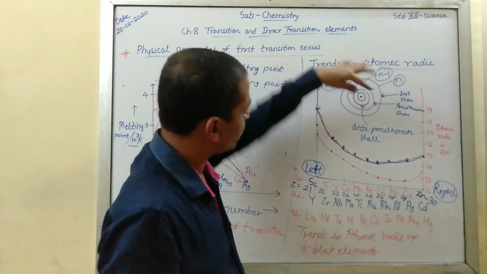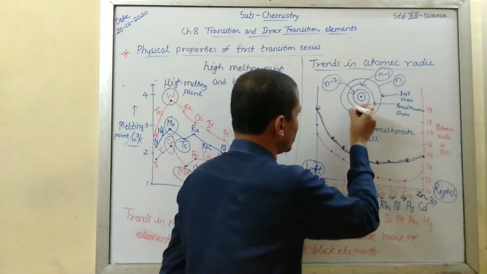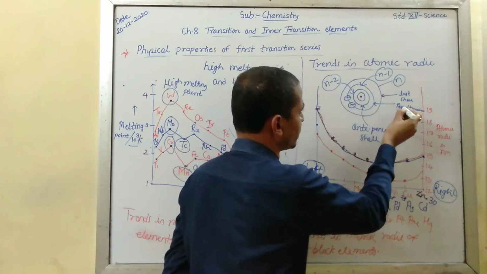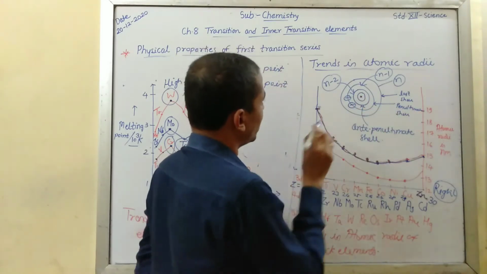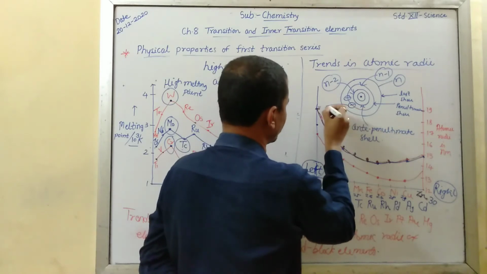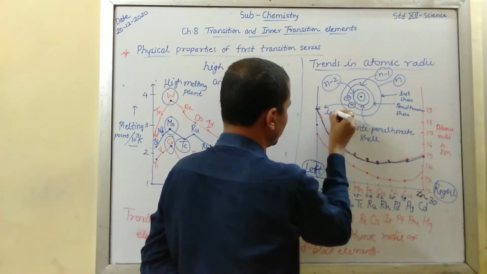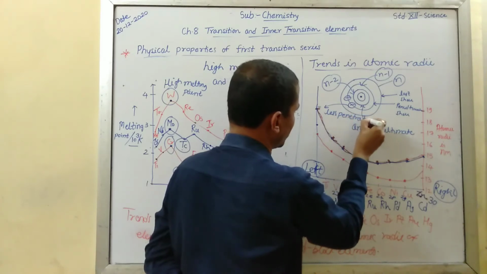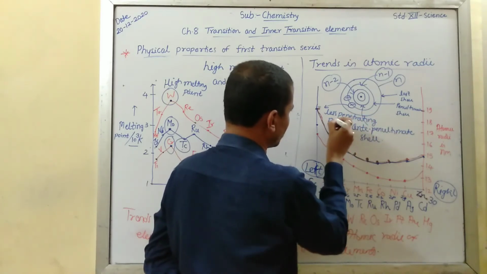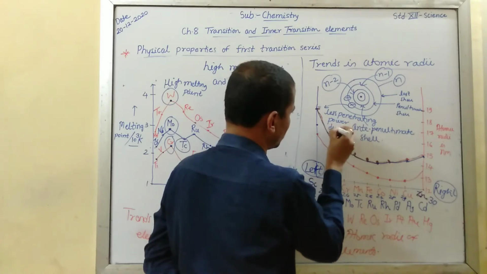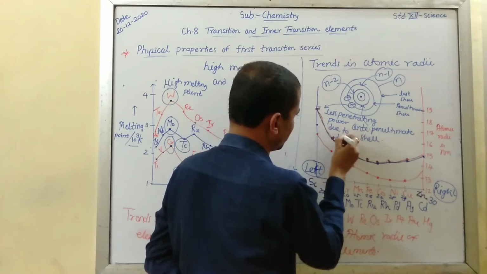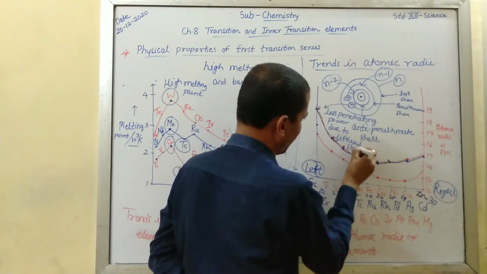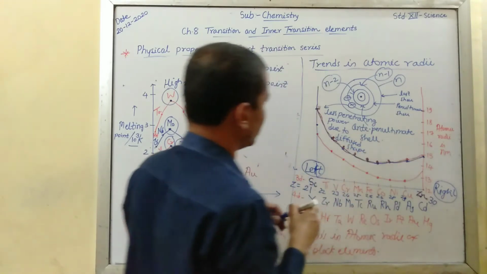What happens here? In d block elements, last electron enters here, that is in the penultimate shell. And see, these d electrons have less penetrating power due to the diffuse shape of d subshell.